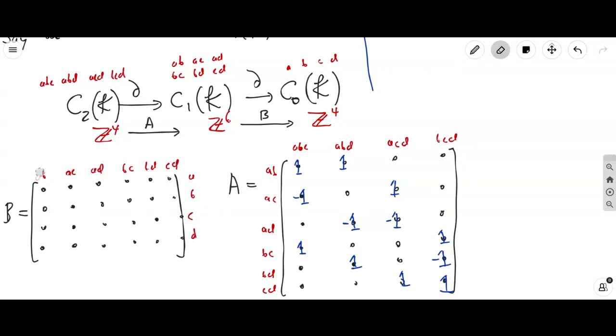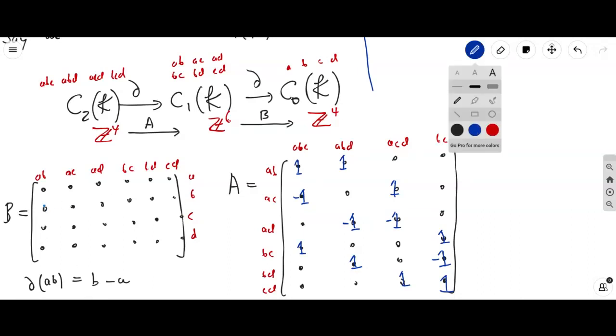And now you apply the boundary operator to each of these. So let's do it again for the first one. You will have the boundary operator applied to this first basis element AB, and it would be B minus A. So that's the way you do it. So notice you have B with 1, and A with -1. So the pattern is the first one is negative and the second one is 1.